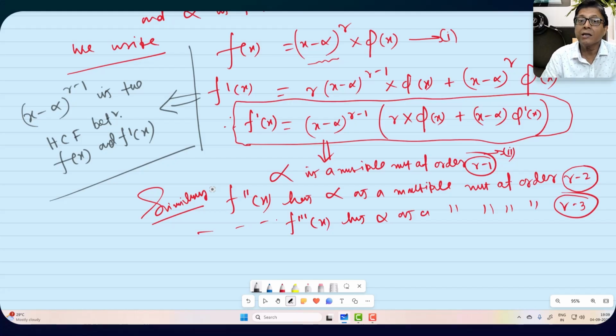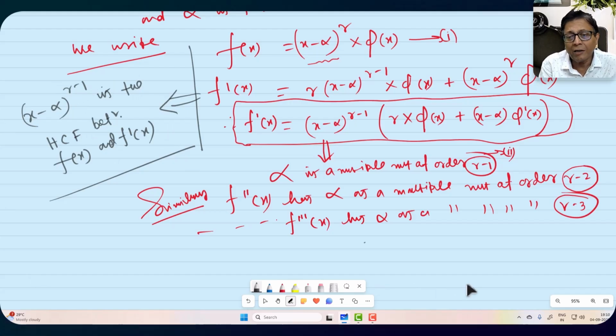If you don't get it, then you have to find the HCF by using synthetic division or by the normal division method. Okay, so let us take one example where we are going to find the multiple root of an equation by using this concept. Hope you have understood.